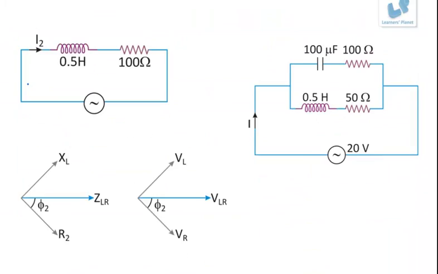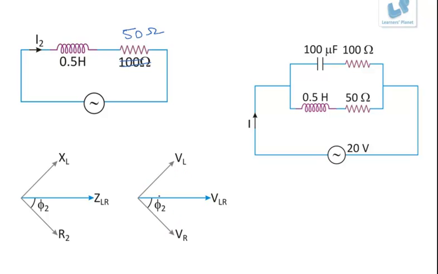Okay, now let us look at the lower arm of the circuit. Inductor and resistor is there. This is actually 50 ohms. Now we know that the voltage in the inductor leads the voltage in the resistor in case of LR circuit.